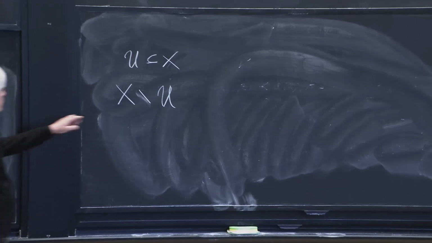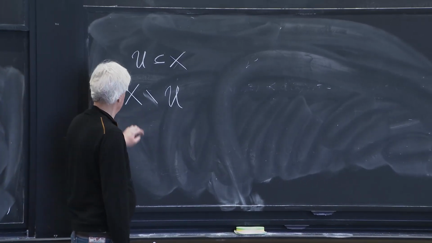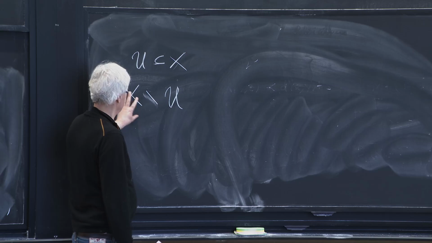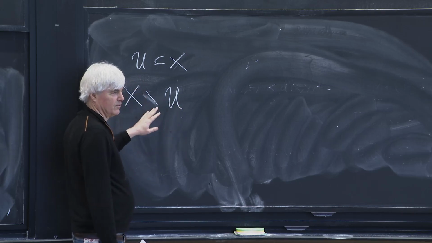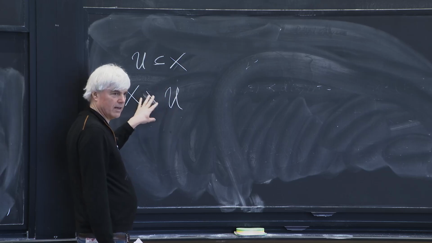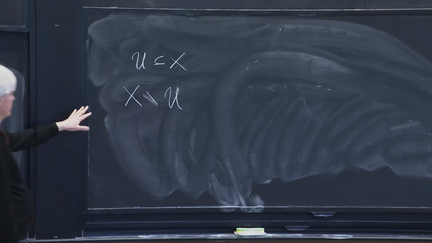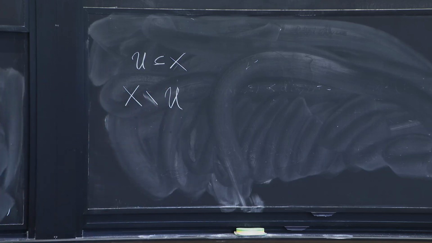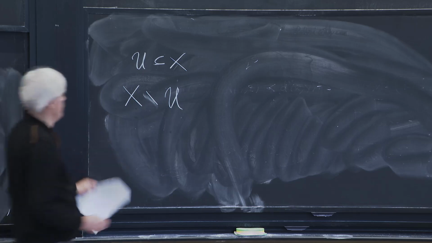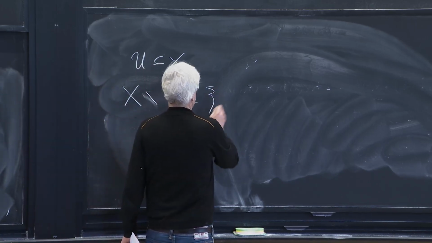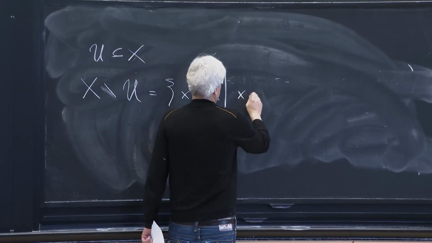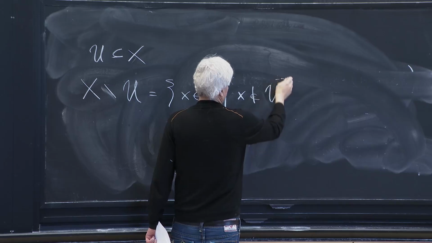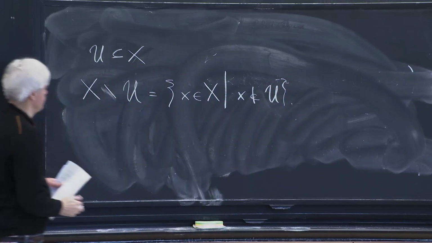I always use this one because I think that's the clearest one. So this is X take away U, and this is totally standard. There's another one that's often used where you have C, that's slightly less standard, and sometimes it can be confusing. This one can never be confusing. And so this thing here is the complement. This means it's the X such that X does not belong to U. Okay.